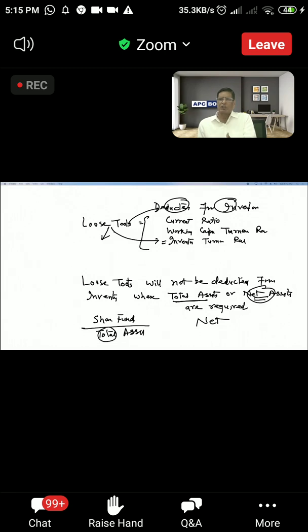Viva questions should be asked only regarding that project which the student has prepared in his file. So nothing beyond that. We cannot ask many questions from the student which are not related to the project which he has prepared in his file.